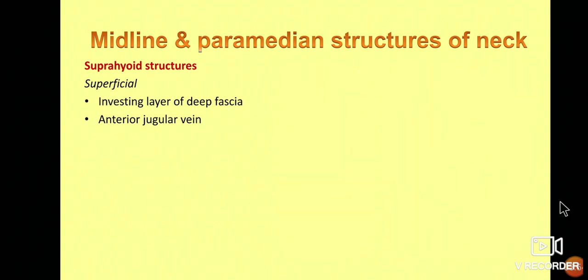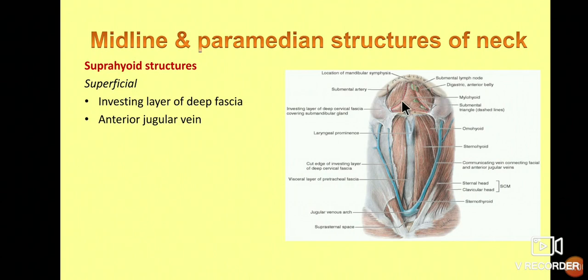Now, if you go deeper, deep to the deep fascia, what you see here are the suprahyoid structures, and mainly it is formed by the mylohyoid muscle.